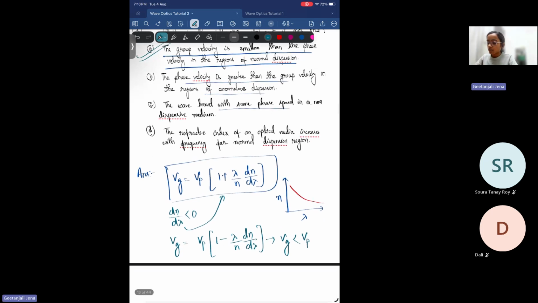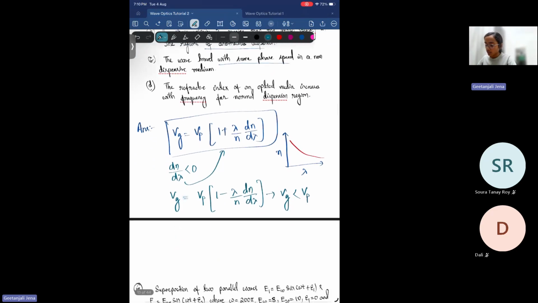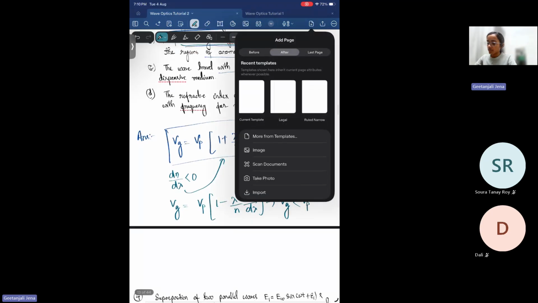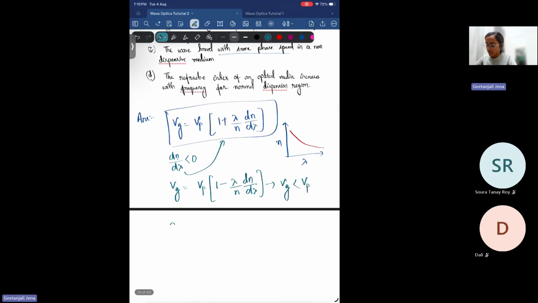Okay. So option B, the phase velocity is greater than the group velocity in the anomalous dispersion. So let us see the anomalous part. For anomalous dispersion, we have dn over d lambda greater than 0. So that means Vg is Vp times 1 plus lambda by n dn over d lambda. So for this case, Vg is greater than Vp.